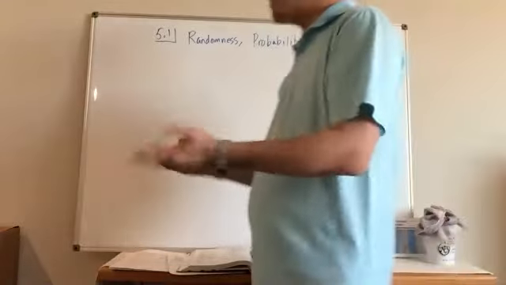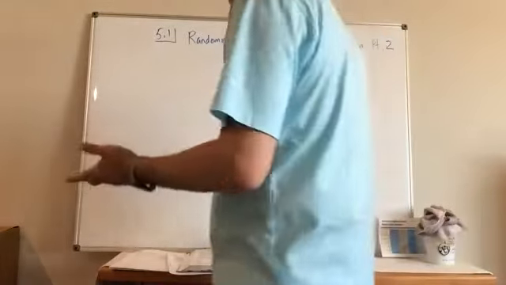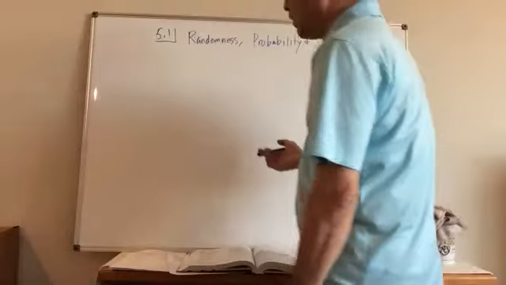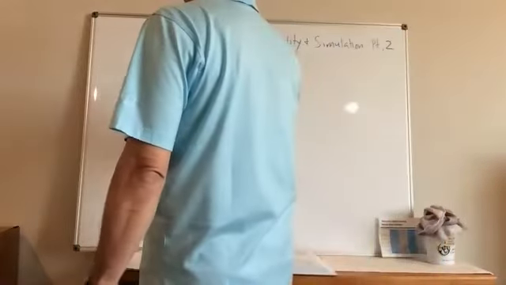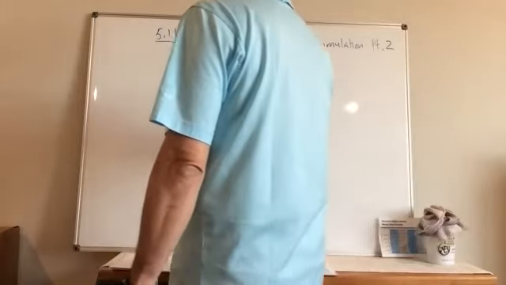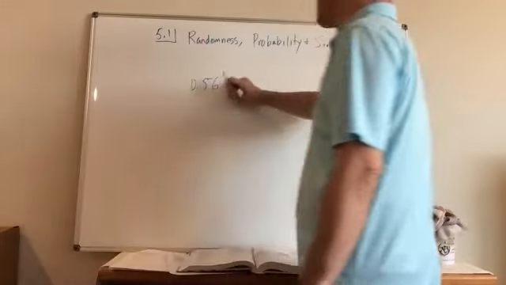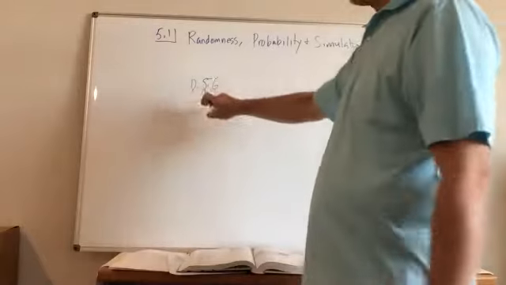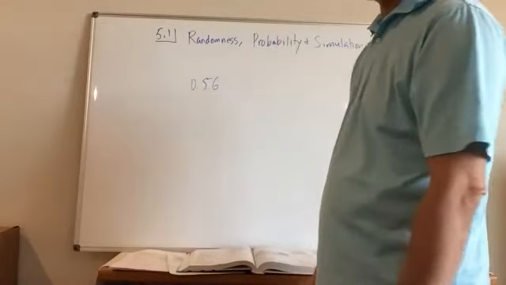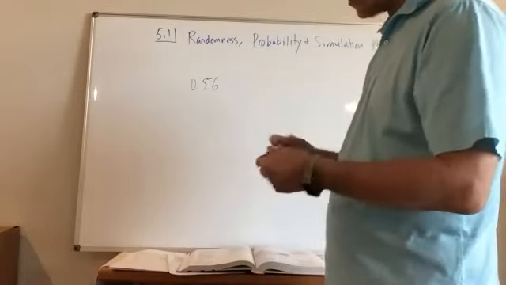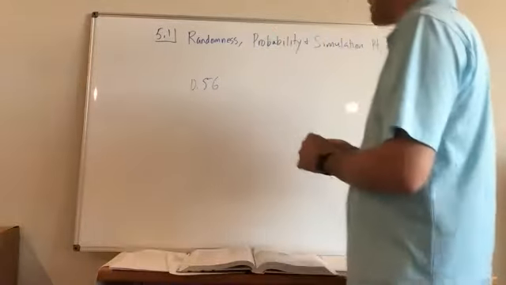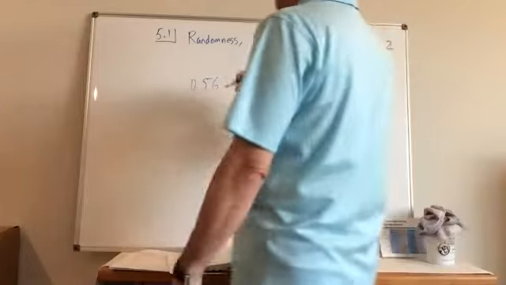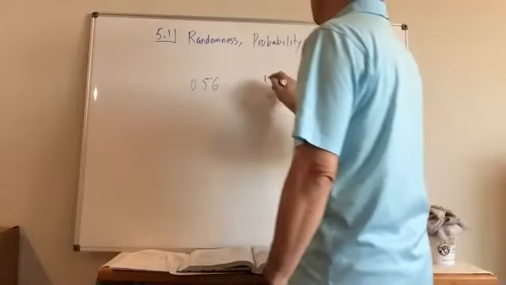So how could I possibly set up this simulation of people drinking coffee? We say that there's a 0.56 proportion that people are going to drink coffee that day. So how would you set that up? You would draw numbers, right?